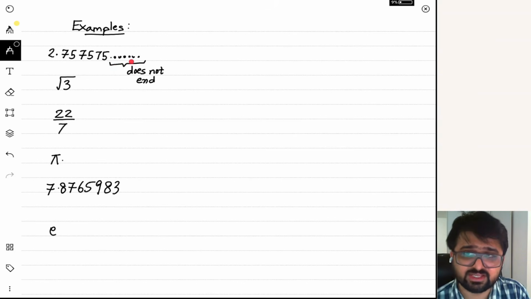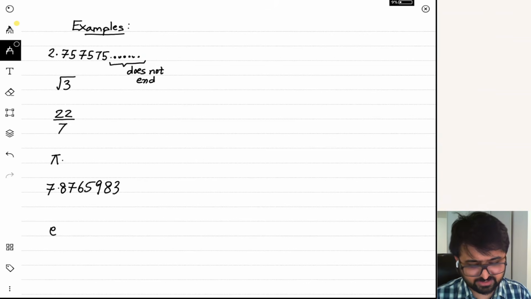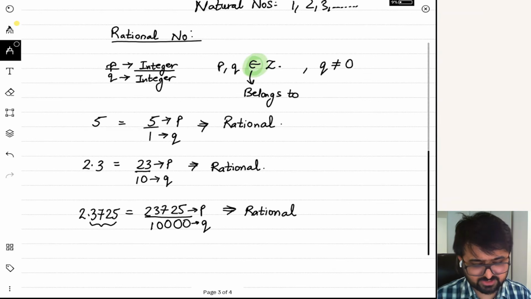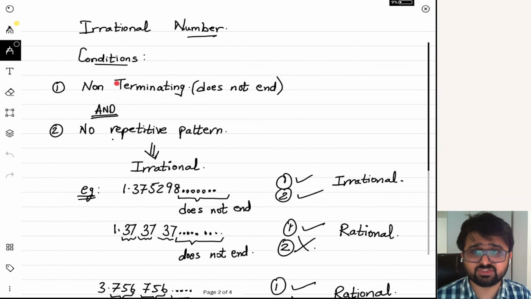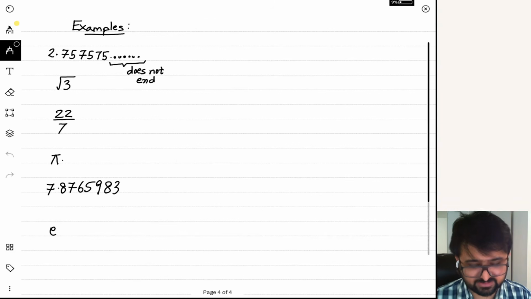If it does not end, there is a chance that it could be irrational, but there is another condition that we see. Let me give you a reminder again: there are two conditions that we like to see for irrational. It should be non-terminating, so the decimal should not end, and there should be no pattern at all. The first condition is satisfied, that it does not end.